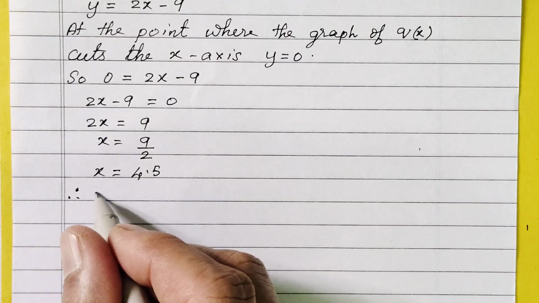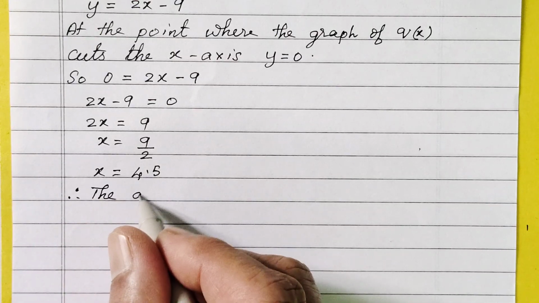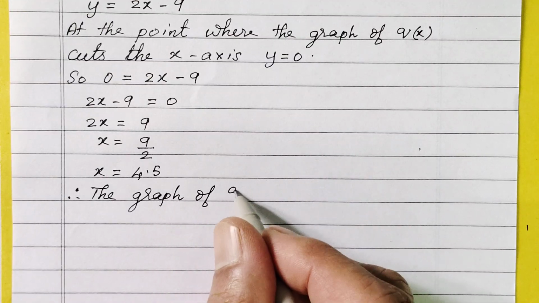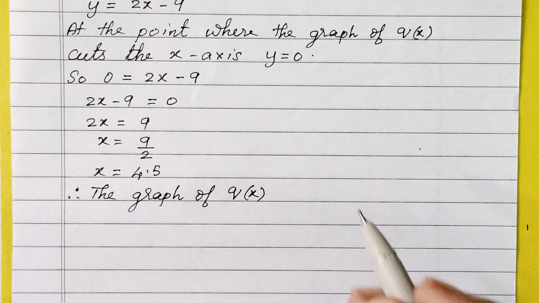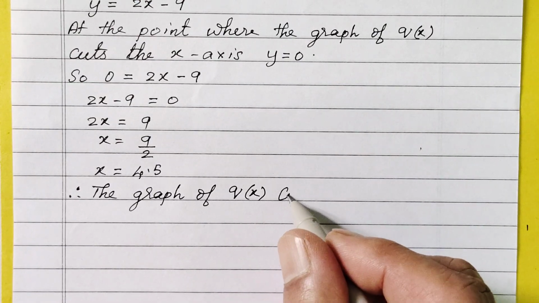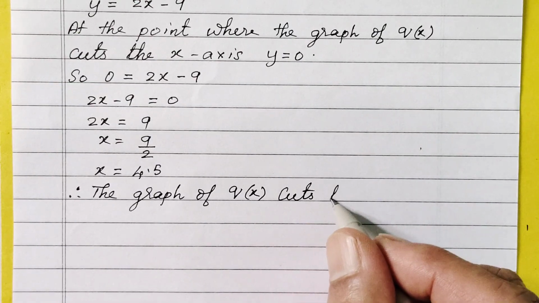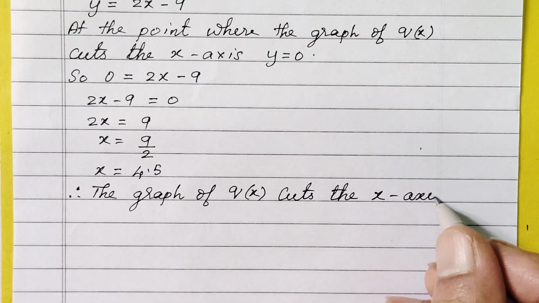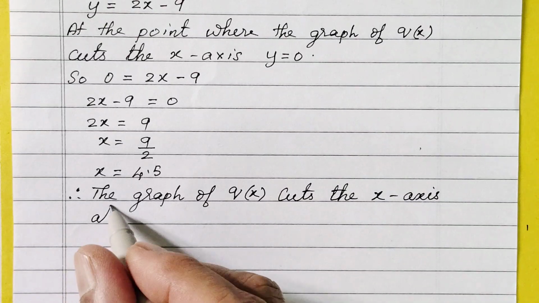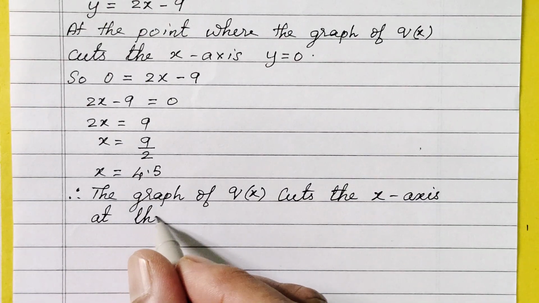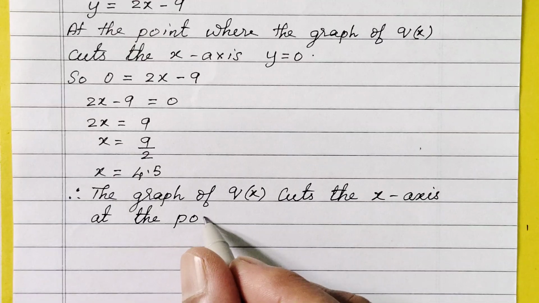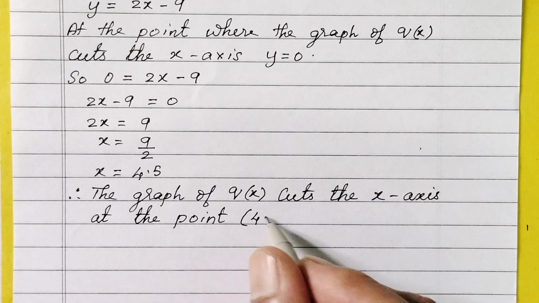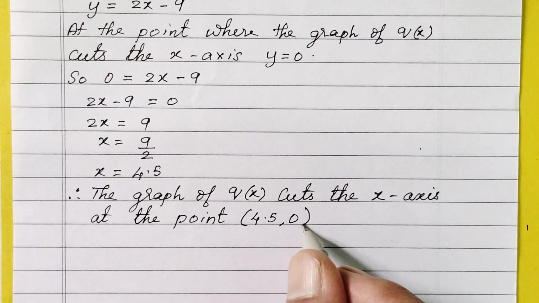Therefore, the graph of Qx cuts the x-axis at the point (4.5, 0).